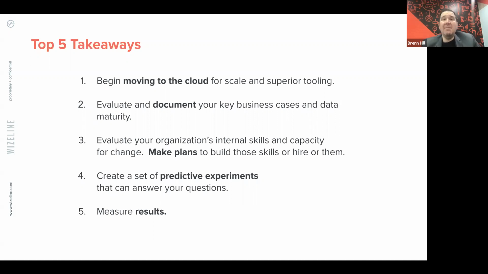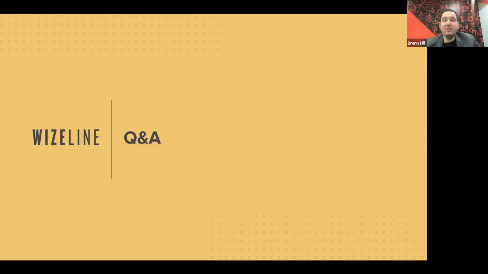And then finally, measure results, right? So just 5 things to do. Move to the cloud, document your key business cases, figure out your internal capacity for change, find the best fit for that situation that you have, and then start running experiments to show results, measure those results, and keep moving forward.